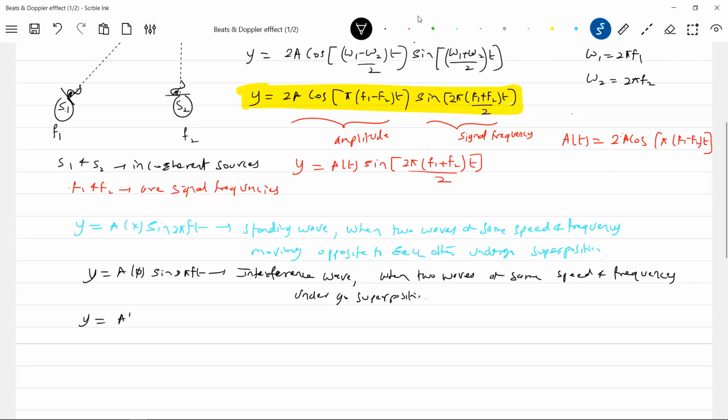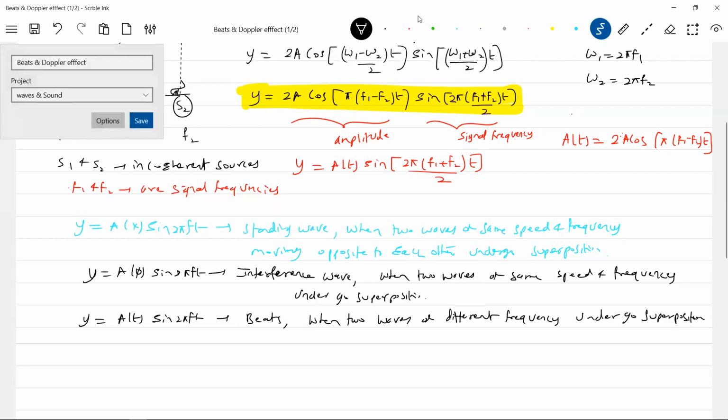In beats, the amplitude will be a function of time. When two waves of different frequency undergo superposition. So this is the core idea of the superposition of sound waves.